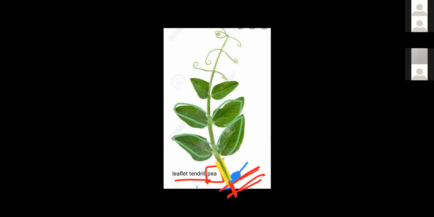Now, pea plant we call climber plant. Why? Because it climbs, it attaches to the support or the host supporting plant, supporting structure, and climbs. This one needs structures which help in climbing to grow erectly.